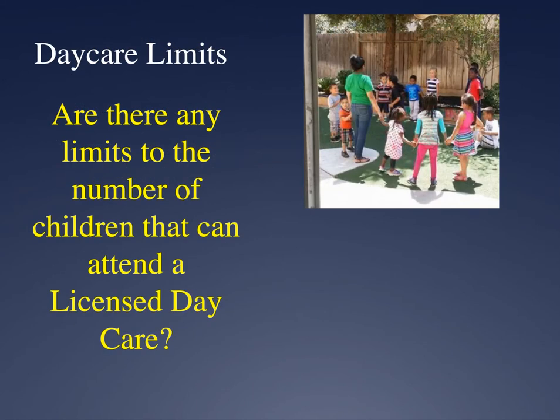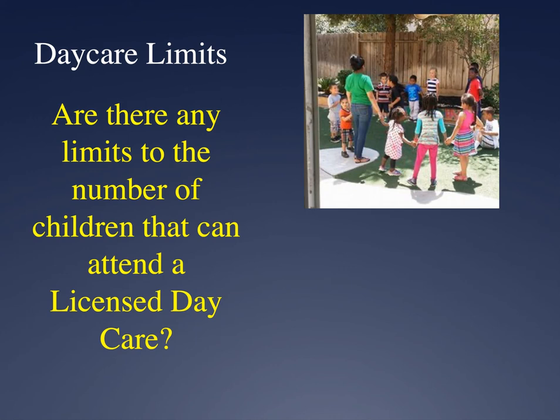So when we think of what limits cell size, the first clue has to do with daycares. Some of you may know that the number of kids a daycare can have is limited by the number of adults. And that actually has to do with the age of the child.